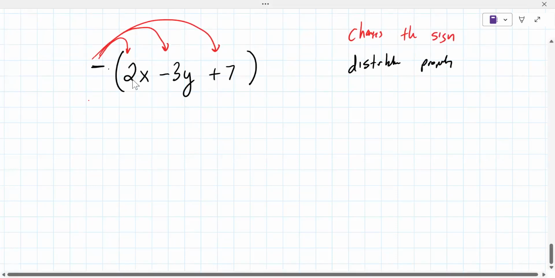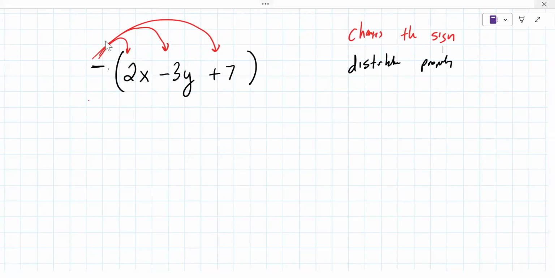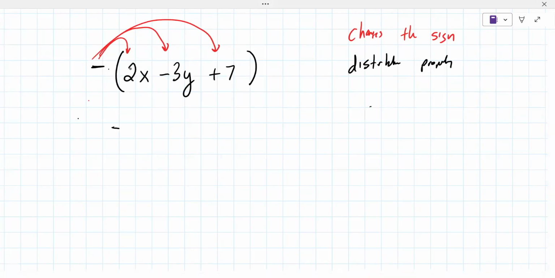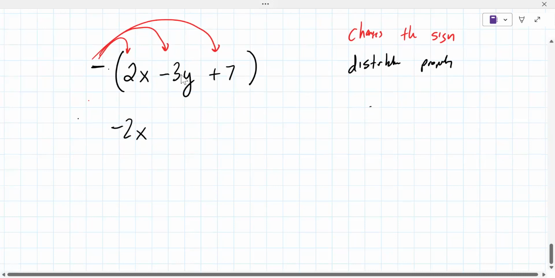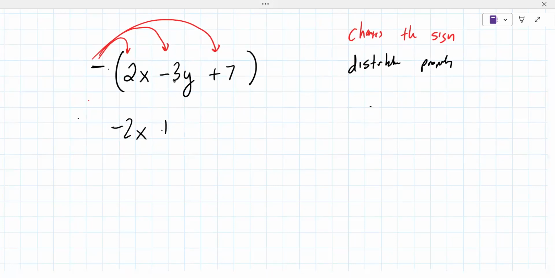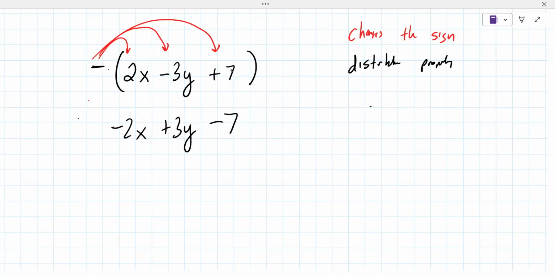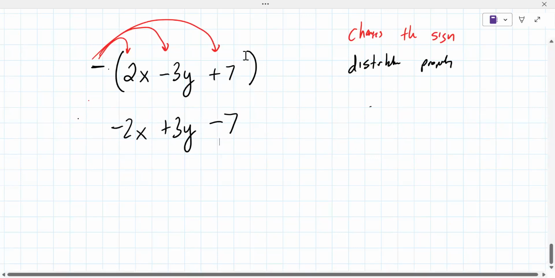Currently, do you agree that the 2x is positive? Yes. It's positive, but nothing's written there, but it is positive. So it becomes minus 2x. The 3y is negative, so it becomes positive 3y. And the 7 is positive, so it becomes negative. So whenever you have a negative on the outside, it changes the signs of everything on the inside.